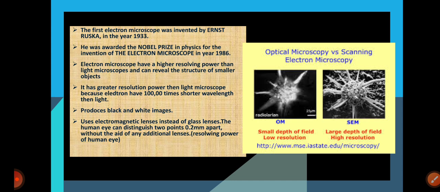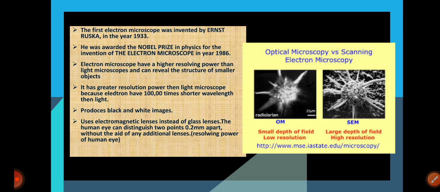The first electron microscope was invented by the scientist Ernst Ruska, a physicist, in the year 1933, and he was awarded a Nobel Prize for the invention of the electron microscope in the year 1986. Now we can identify the difference between the optical microscope and the electron microscope.